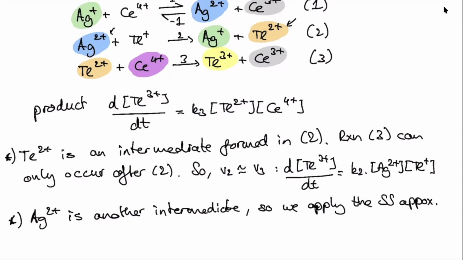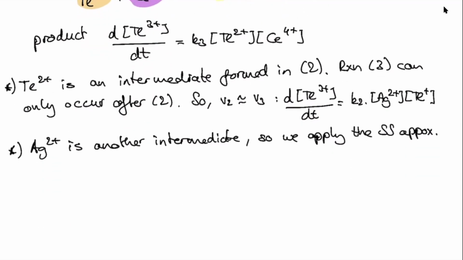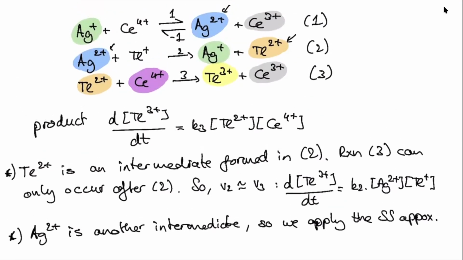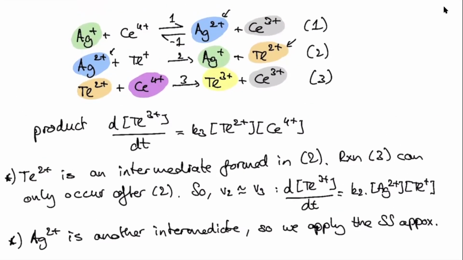So there was a question this week from someone by email: when can I use the steady state approximation? And the real answer is, well, it's an assumption. So it's always more accurate to not make any assumptions.